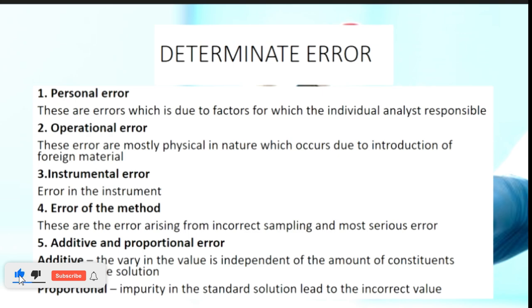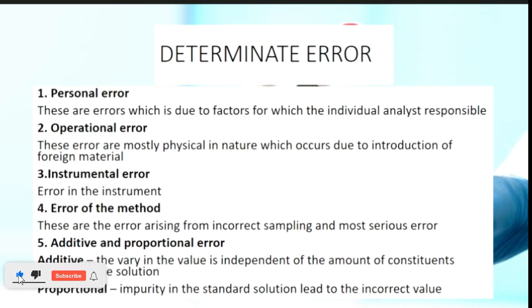Instrumental error does not depend on the person or environment, only on the instrument. For example, a spectrometer may absorb more radiation, or there may be volatilization of platinum at very high temperature. These affect the solution and the correct calculations.